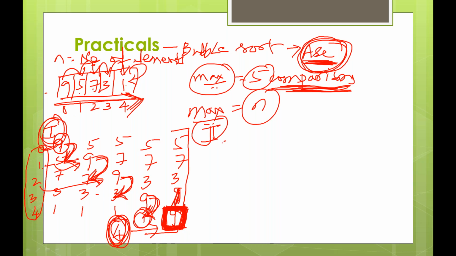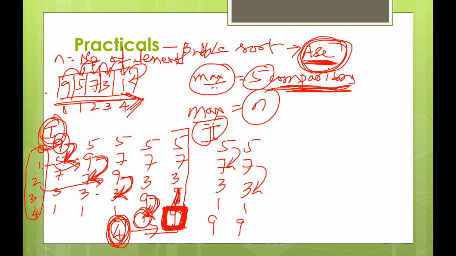Okay, so now the elements that we have are 5, 7, 3, 1, 9. Now we will compare 5 with 7. We need not swap because the lesser number is already on top. Next, I will compare 7 with 3.